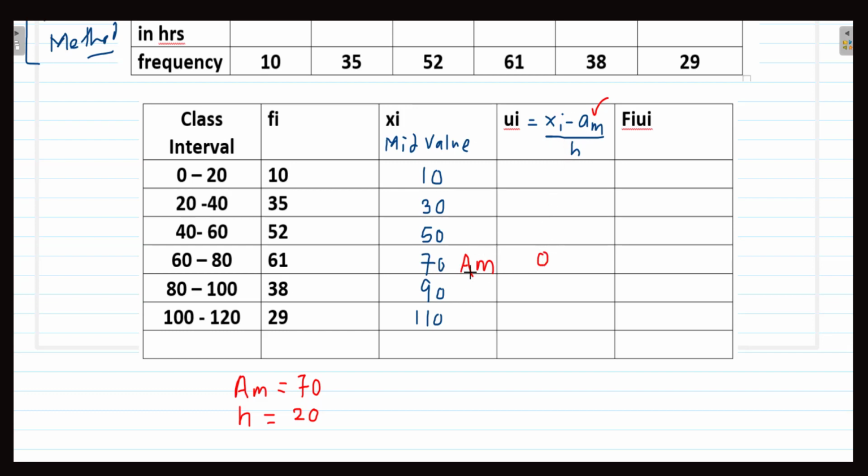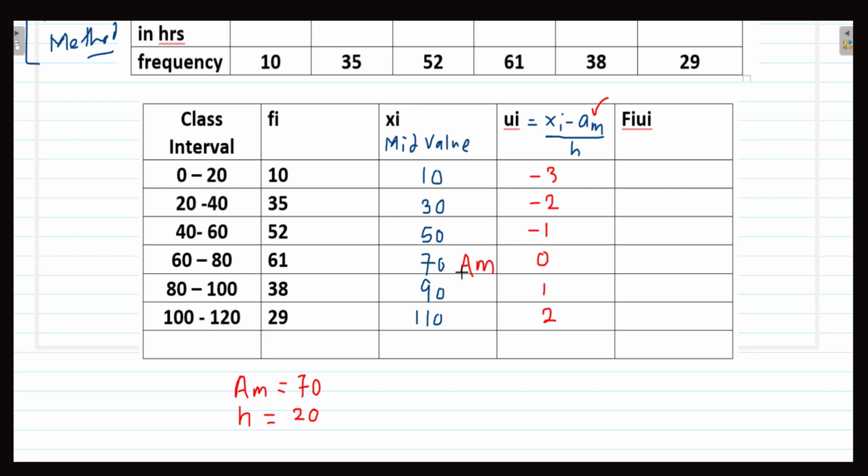Where there is an assumed mean, write 0 in front of it. Then on the upper side just go on writing -1, -2 and -3. This will be in each example. It will not change. And in the downward side you will write 1 and 2. Okay, have you got it?